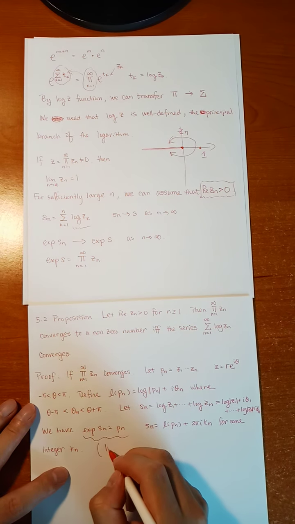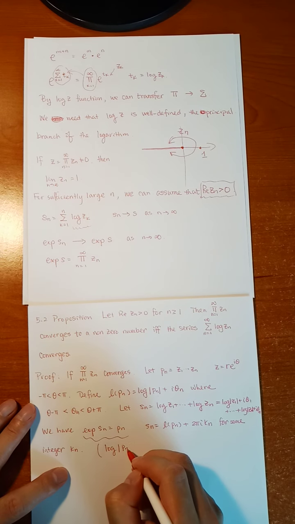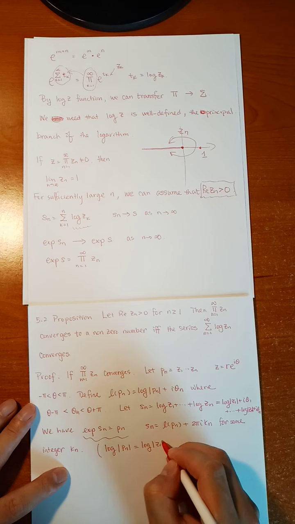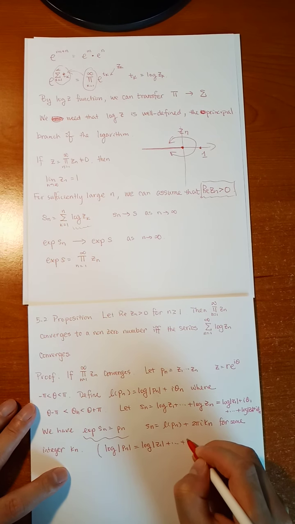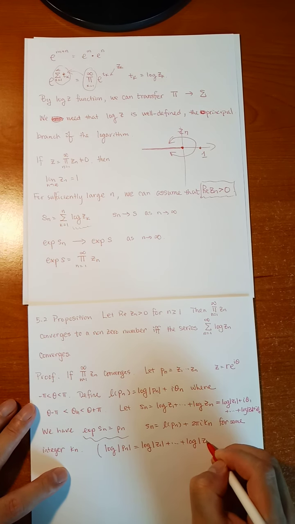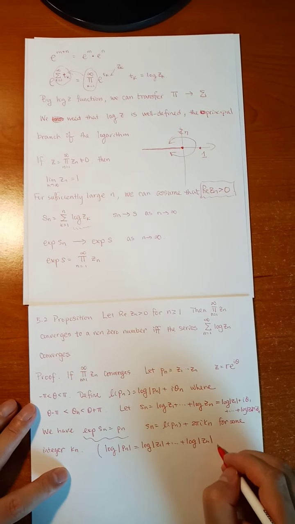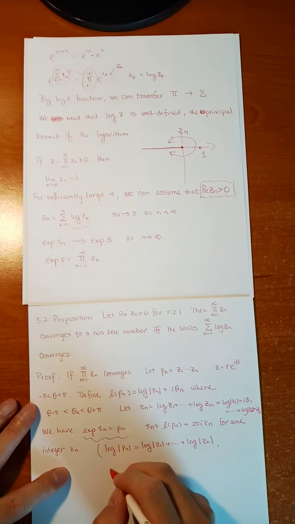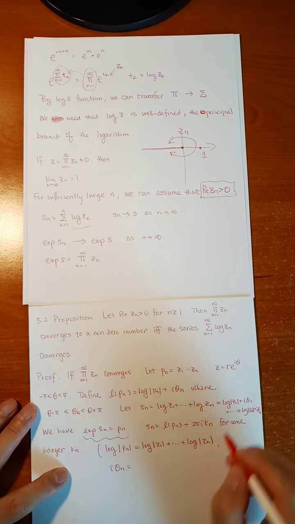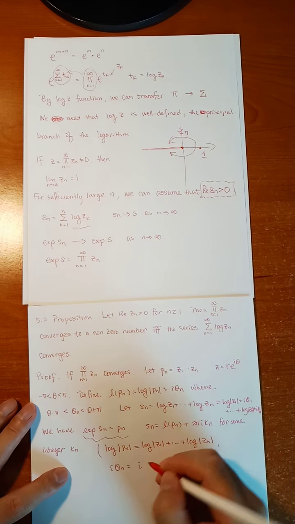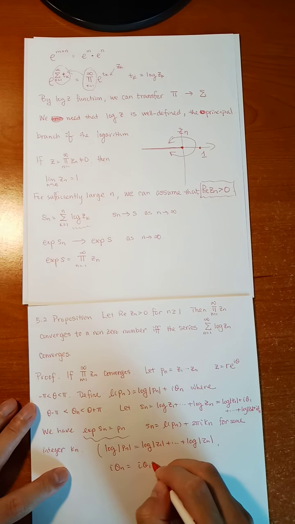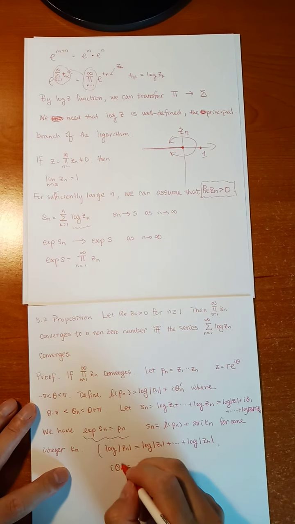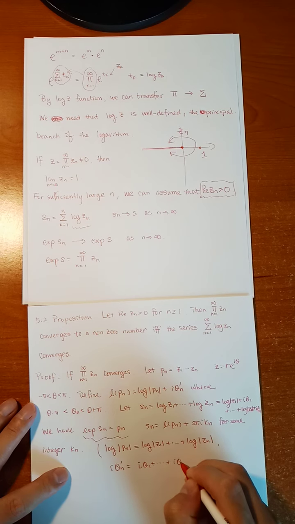So here the log of the absolute value of Pn is equal to the log of the absolute value of z1 plus up to the log of the absolute value of zn. The real part is okay. The imaginary part has some problem. i theta n is not equal to i theta 1 prime plus up to i theta n.